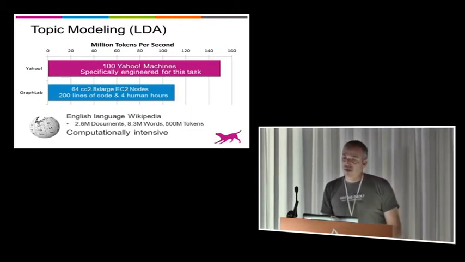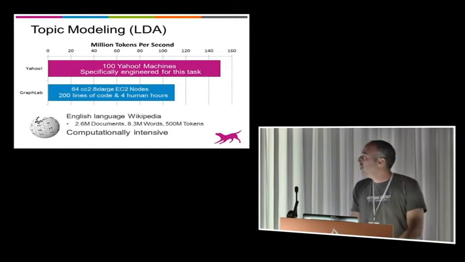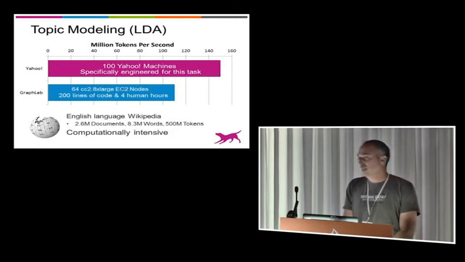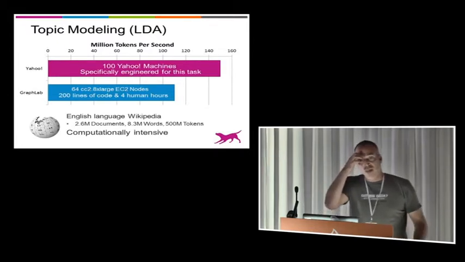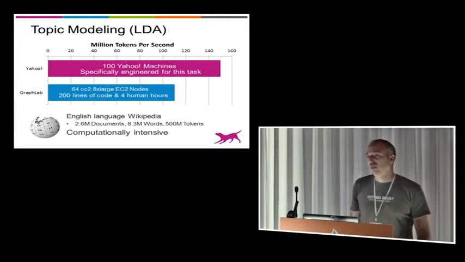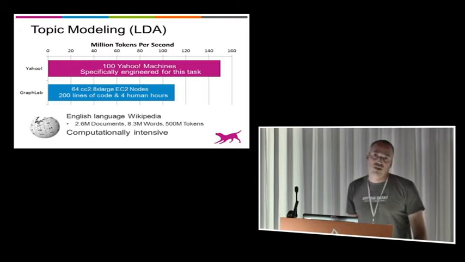What's nice about GraphLab is that we have slightly lower performance, so we are less good in terms of performance, but we didn't write a special system for this task. We just used GraphLab, and one of our students wrote one GraphLab application, a couple of hundred lines of code, which does exactly that.